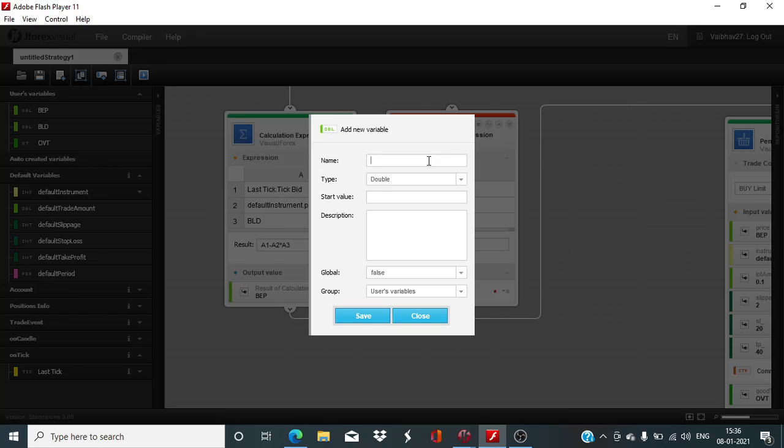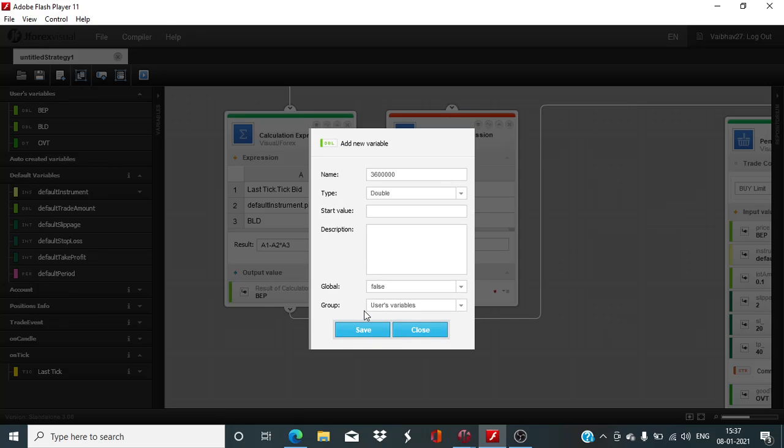Now, usually 3.6 million ticks are there in 1 hour, so we have to take this variable and count the zeros properly to make sure we are not really making any mistake on this count. Okay, I think I'm right. It should be 3.6 million. I have included this in the value, and we will change it to tt. Okay, I have created new variable.